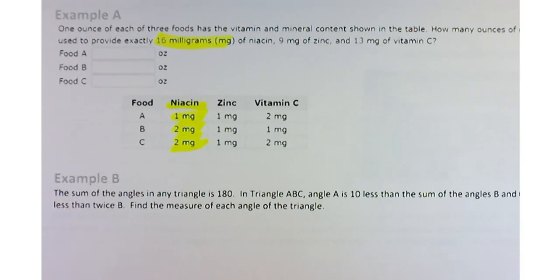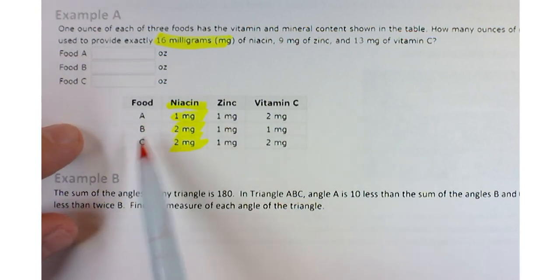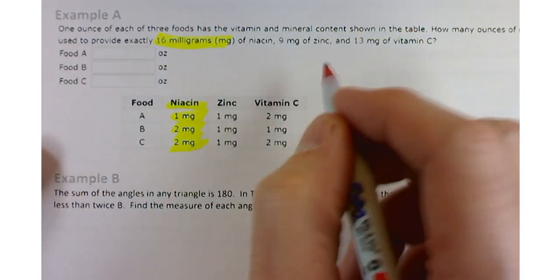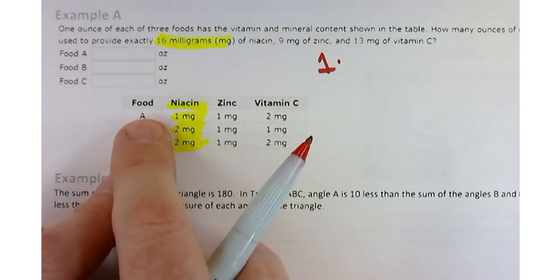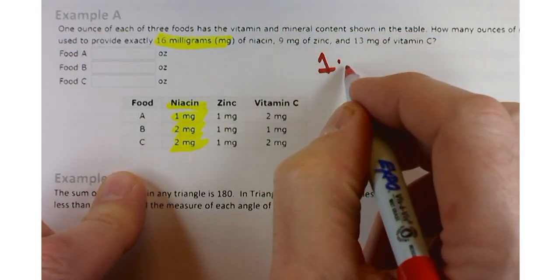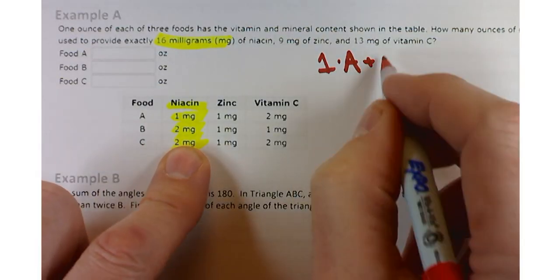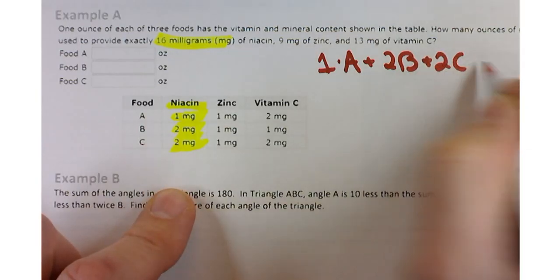Now the equation that it implies is that when we add up all the nutrients that we get from so many ounces of each of these foods, we're going to get 16 milligrams. So it's going to look like this. We get 1 milligram of niacin for each ounce of food A, 2 for each ounce of B, and 2 for each ounce of C.